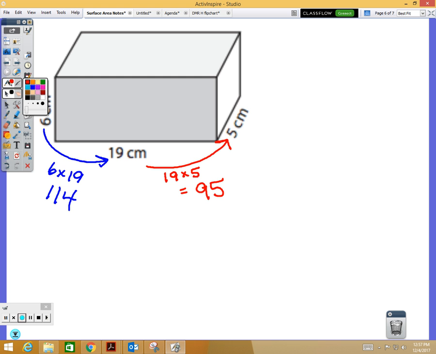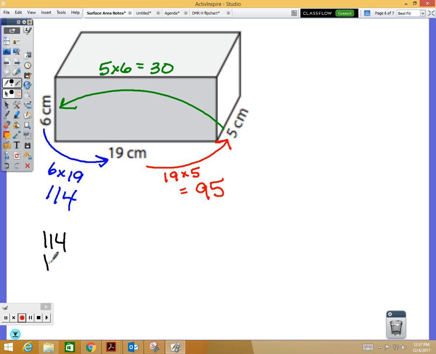And then I'm going to do 5 times 6. And 5 times 6 is 30. So I have a 114, a 114, a 95, a 95, a 30, and a 30. And I'm going to add up all 6 of these numbers.